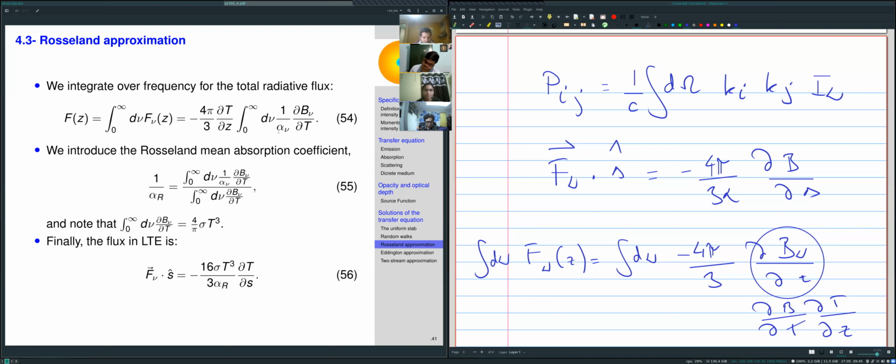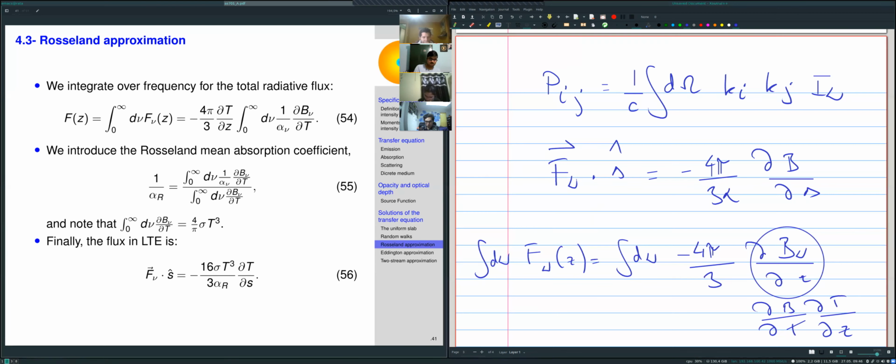This is what governs the transport of bolometric flux, because the factor here does not depend on microscopic quantities. It's only the local temperature and the position, the coordinate. This, on the other hand, depends on the microscopic processes through the absorption coefficient.